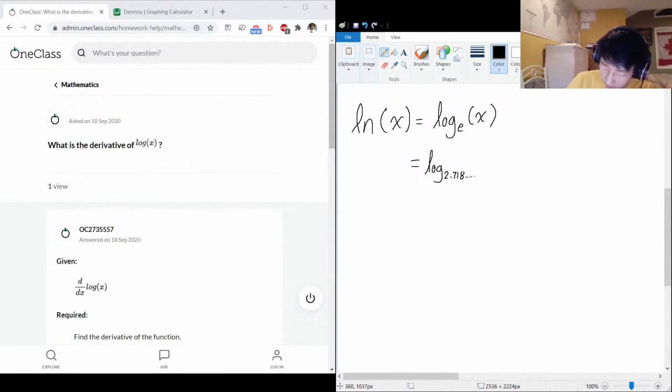It's a big long number. So when we do this, we know that the derivative of natural ln of x is going to follow our log strategy here. The result of that is 1 divided by natural ln of the base. In this case, the base is e.